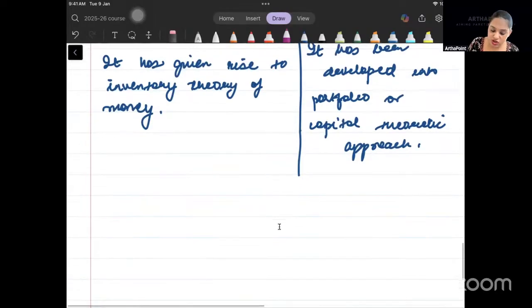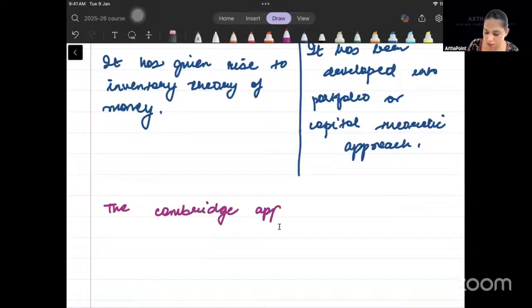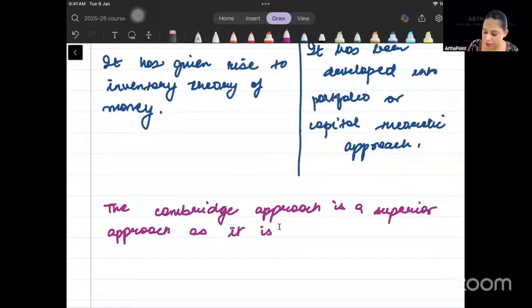So the Cambridge approach is a superior approach as it is broader, comprehensive, right?